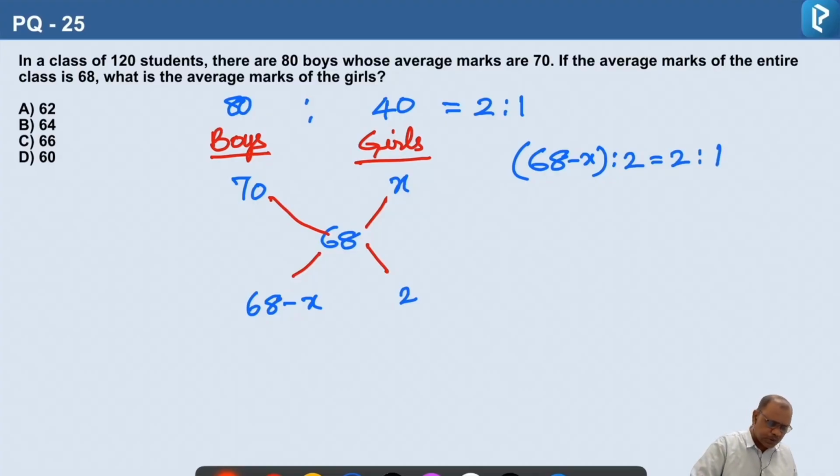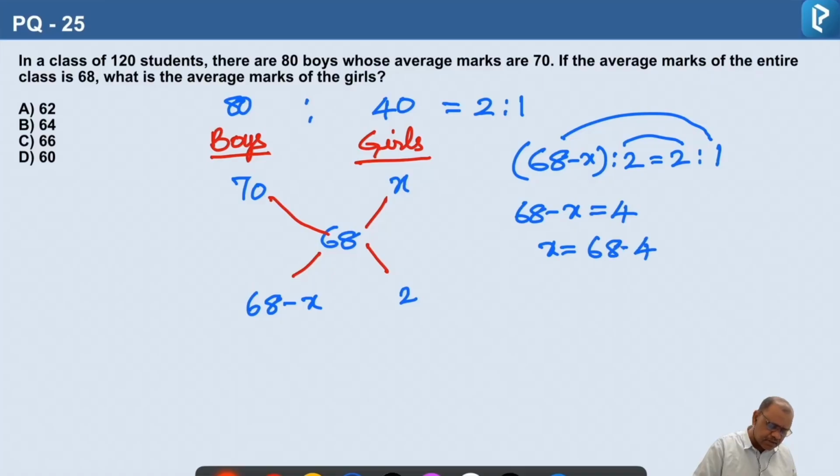Simplify this using the rule of proportion. 68 minus X is equal to 2 into 2, 4. Product of extremes and product of means. So X is equal to 68 minus 4, that is 64.